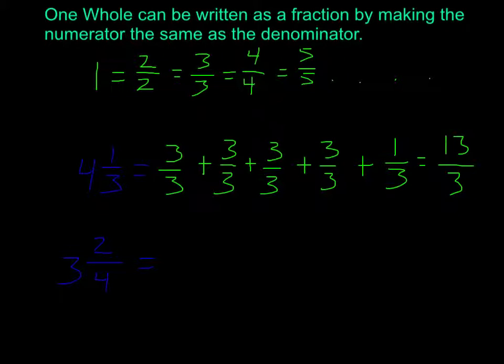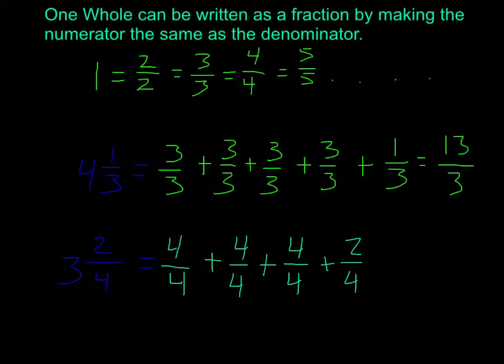On the second one down here, we have 4ths. Since our denominator is going to be 4, and 4/4 equals 1, we're going to take our 4/4 there, and I need 3 of those. So 4/4 plus 4/4 plus 4/4, that gives me my 3 wholes, plus my 2/4.